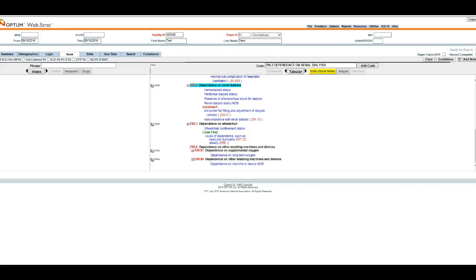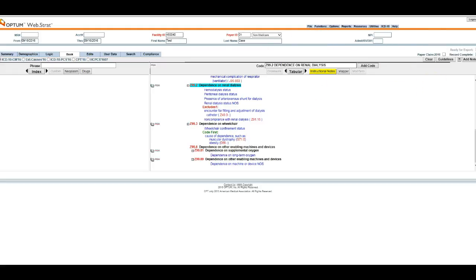Okay, Zemplar. Nope, that is not insulin. So therefore, the patient is not on long-term use of insulin, or they didn't mention it. She could be, but it's not documented, so it didn't happen. So therefore, we do not need to code the Z79.4. So we should have 4 diagnosis codes for today.